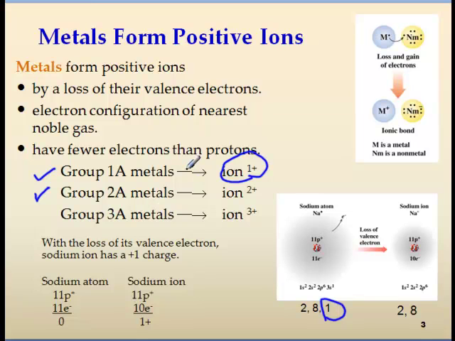Isn't this interesting that the elements that we saw earlier, the way they were placed in the periodic table, and the group numbers, which earlier I explained as the valence number, is actually also their charge number. So sodium has a charge of 1 plus.